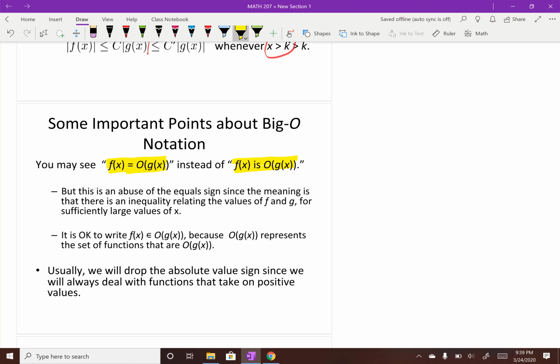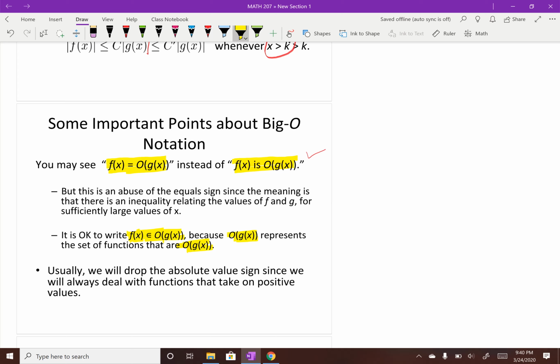So this one is the correct notation of big O. We cannot say f of x is equal to big O of g of x, because the meaning is going to be different. This is a slight abuse of the notation. It is okay to write it if you just want to say f of x belongs to big O of g of x, because big O of g of x represents the set of functions that are big O of g of x.